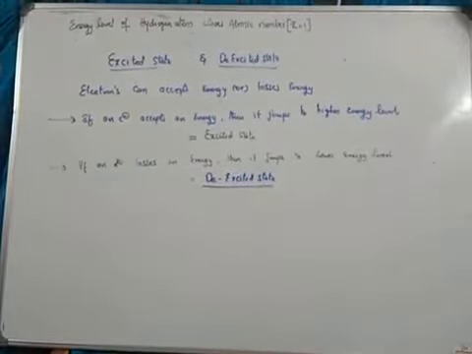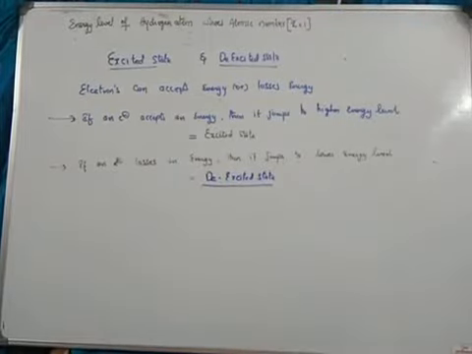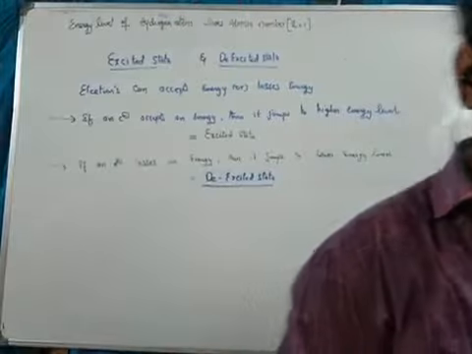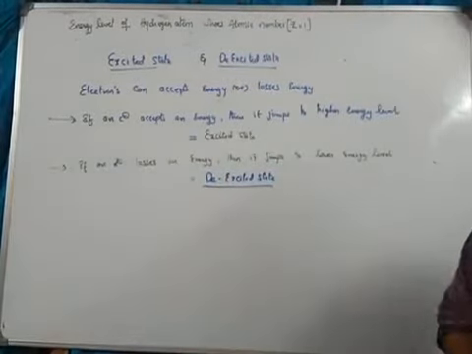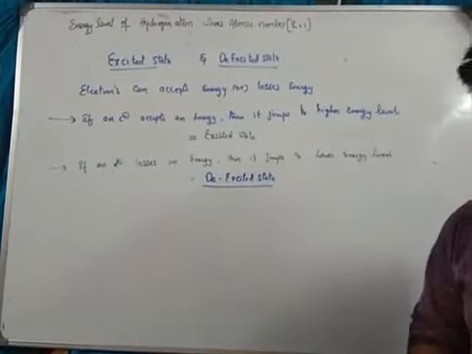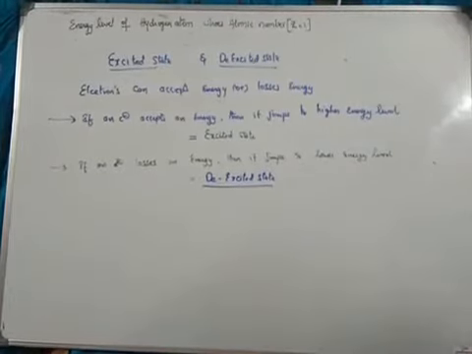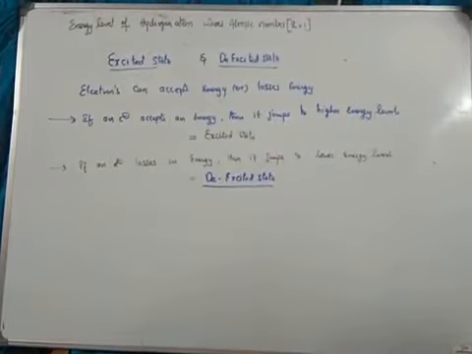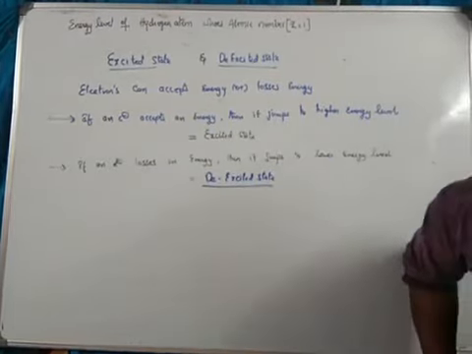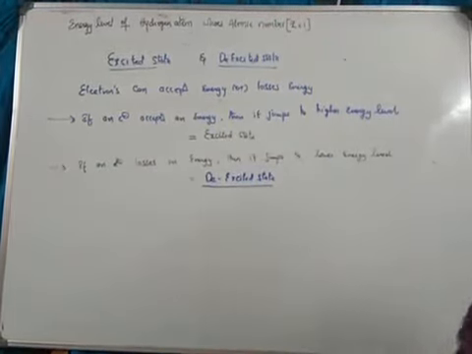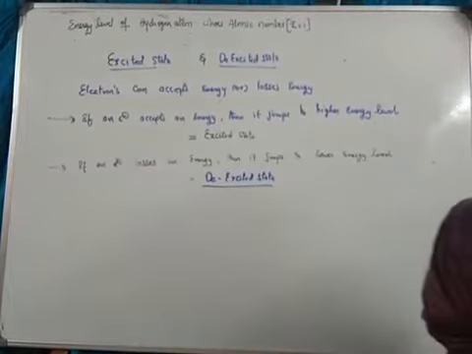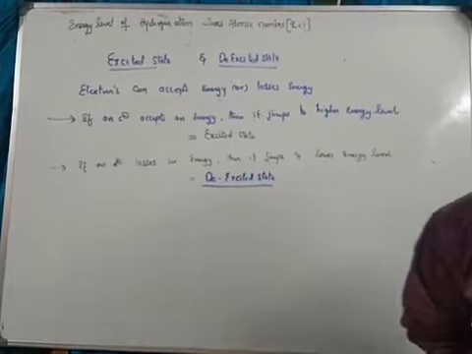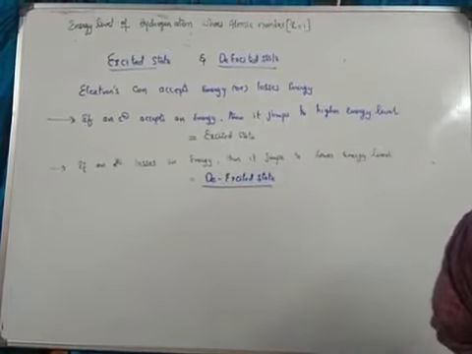So according to our boards, we have different shells like K, L, M, N. Each shell has a different energy. The first shell is the ground state, which is nearer to the nucleus, and its energy is minus 13.6 electron volt. The second one, the L shell, we call the first state, with an energy of minus 3.4 electron volt.